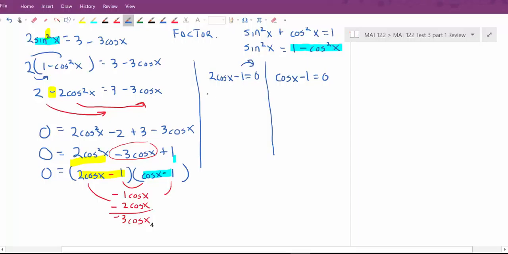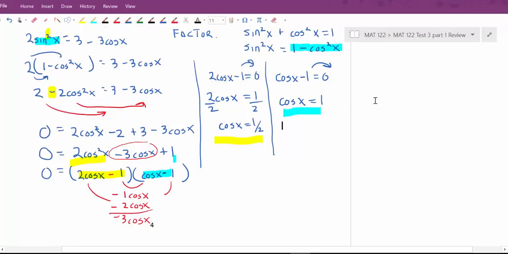You're going to have 2 cosine x equals 1, then you can divide by 2, so you get cosine of x equals 1/2. We're going to look that up on a unit circle. For the next one, we add 1 to both sides, so we get cosine of x equals 1, and we're going to interpret that one also on the unit circle.